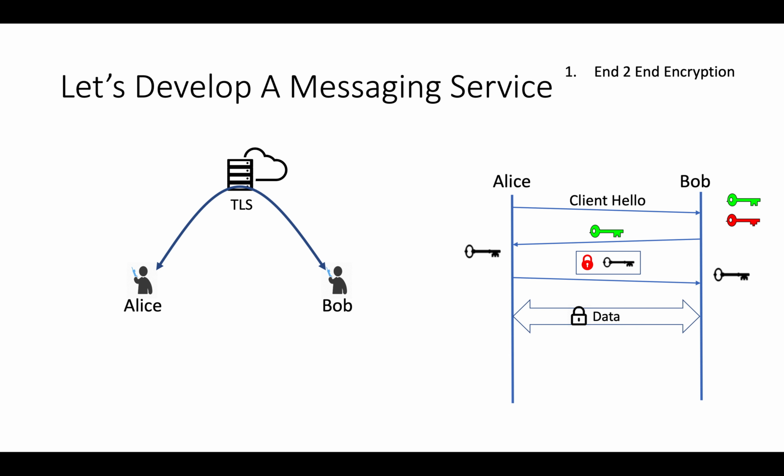And the protocol goes on. Using this technique, Alice and Bob can exchange a symmetric key securely, and we can achieve end-to-end encryption as well. And they keep going with this secure connection for a long time, like days or months.